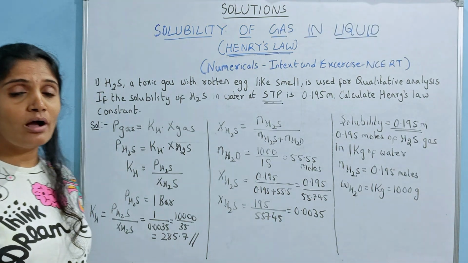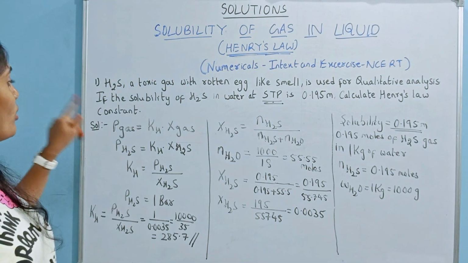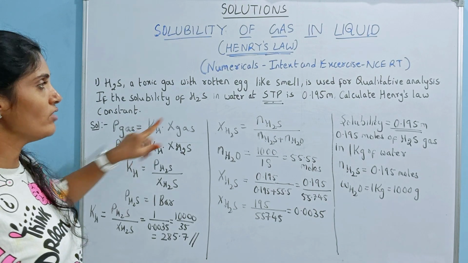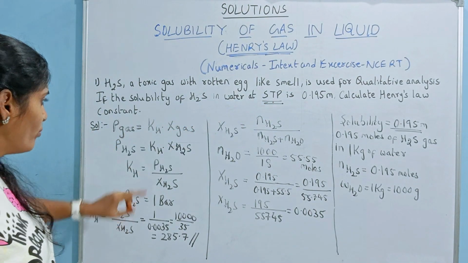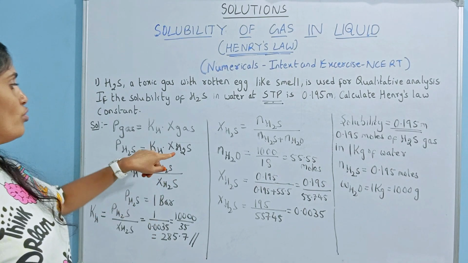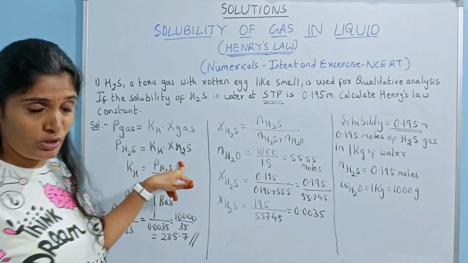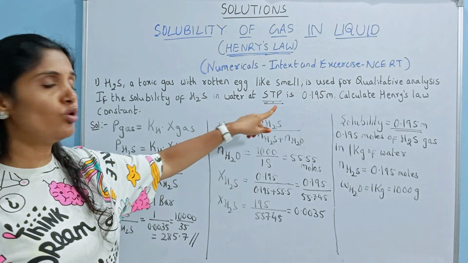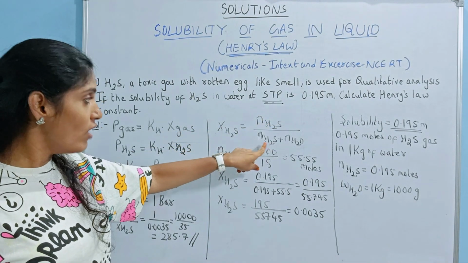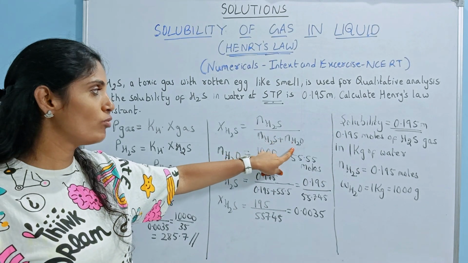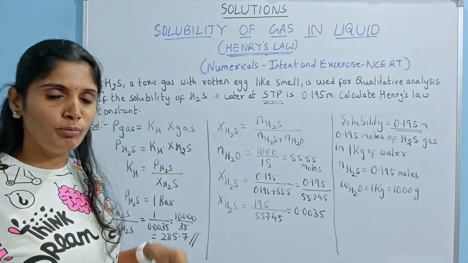So this is how we have to solve this question. The pressure of H2S gas, I got from STP conditions as 1 bar. We need to find Henry's constant. My task here was to find the mole fraction of H2S, which is the number of moles of H2S divided by the number of moles of H2S plus the number of moles of water. You know the mole fraction formula.